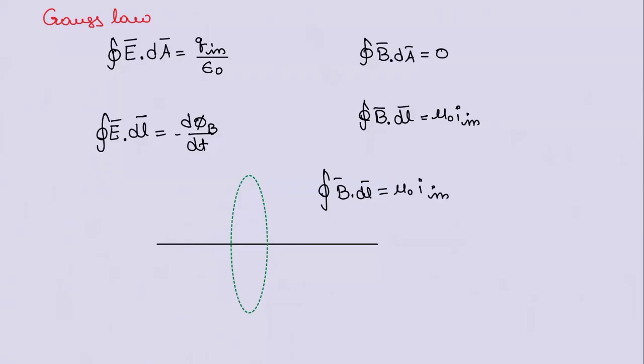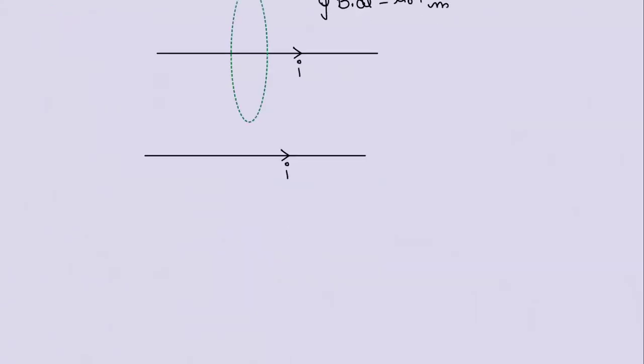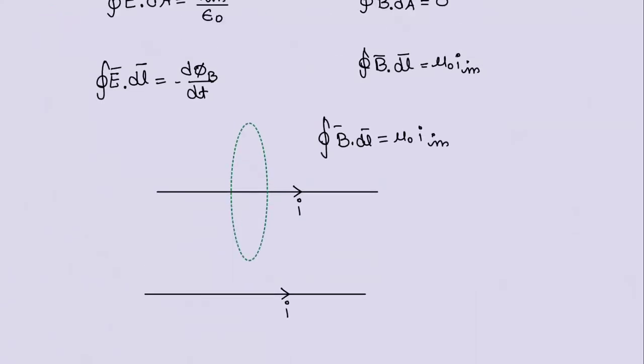How do you decide I in? Sir, this current is I in only. Yes. Suppose I take it like this, this is not I in. This current is out. Common sense is fine.